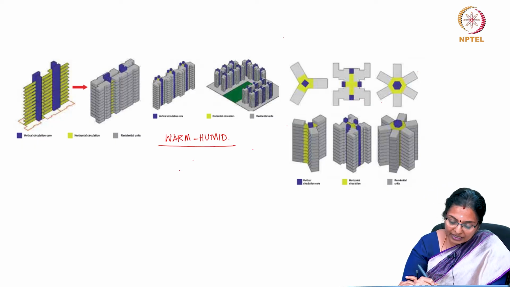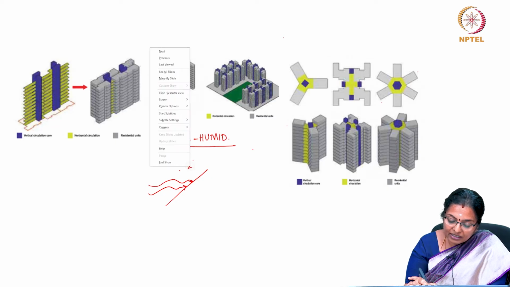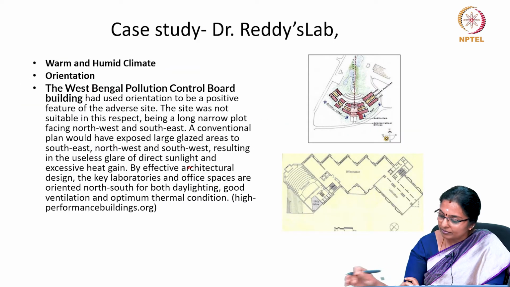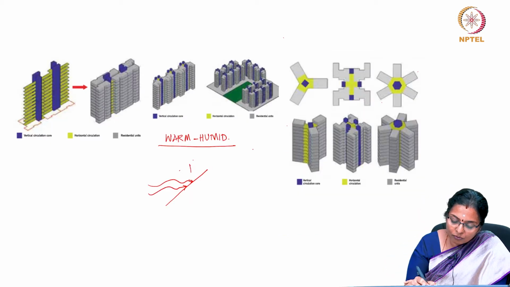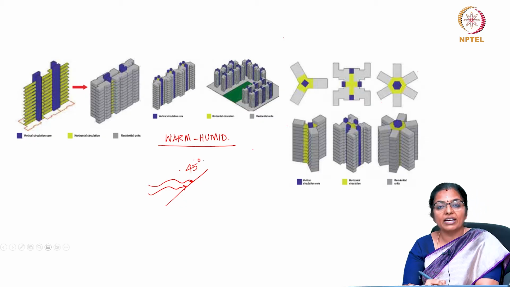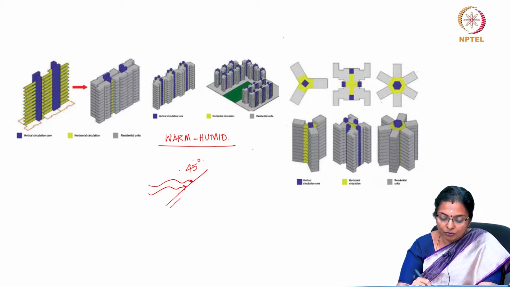So, you should try to orient the wall at least at 45 degrees to the prevailing wind direction if you want to catch the breeze.